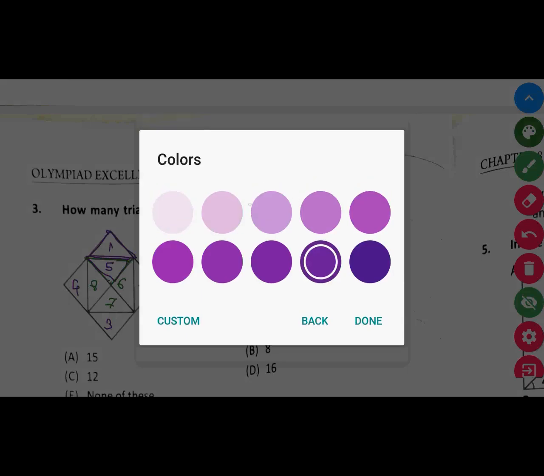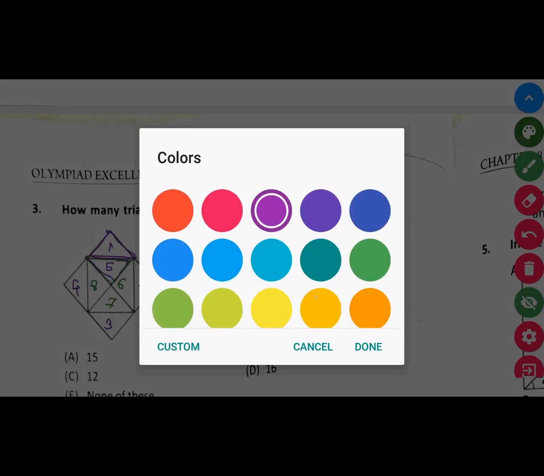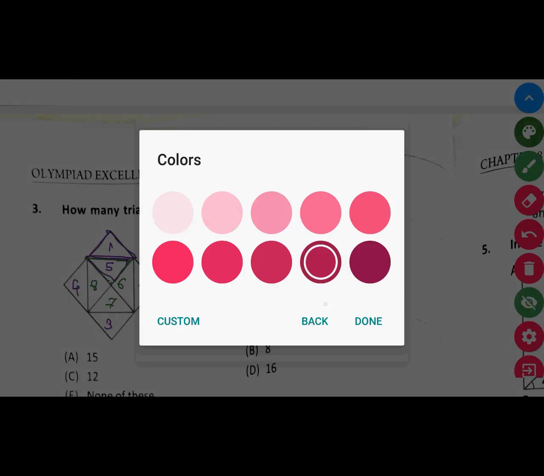Now is there any more triangle? You can see, we'll use a different pen. We had counted 8 already, so this is the 9th one, this is the 10th one, this is the 11th one, and this is the 12th one. So in total there are 12 triangles in the given figure.